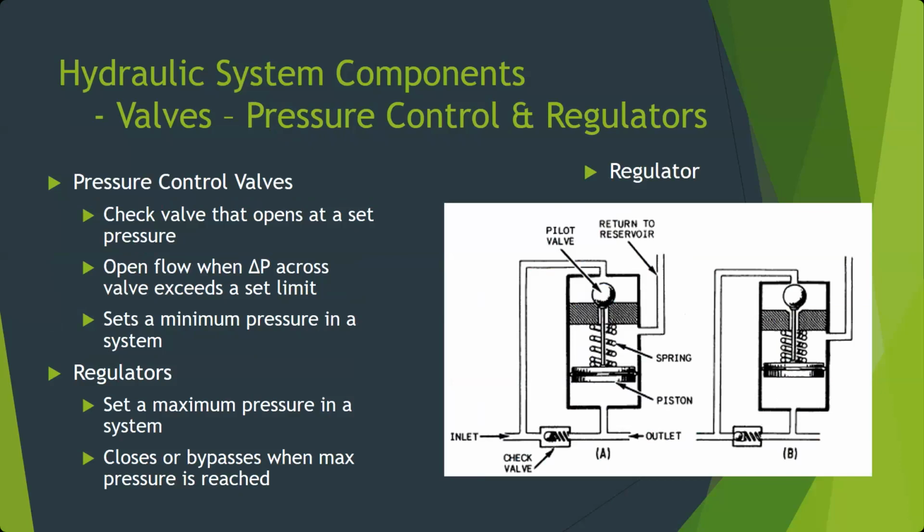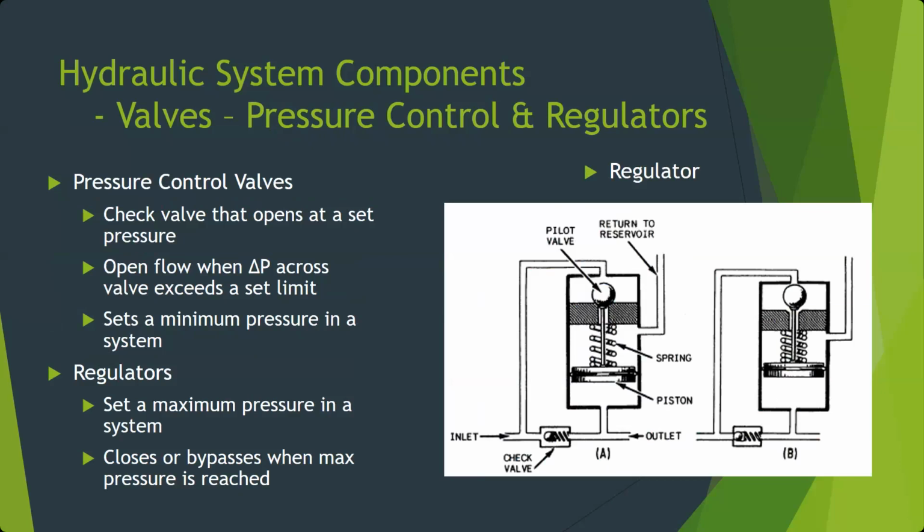So if you're going to have a differential pressure across this check valve down here, and this outlet side gets too high, it's going to push up on this spring, push up on the valve, and allow excess fluid to flow past the seat of the ball and out up here.